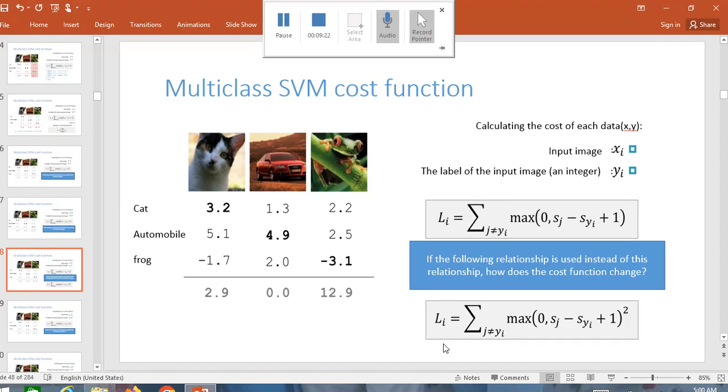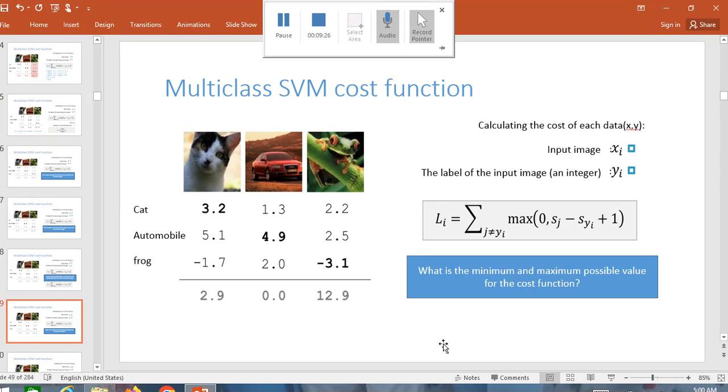Last point: first we choose W's randomly. These numbers are usually very small values close to 0. This is the starting rule of the gradient descent algorithm. Is it possible to determine the starting value of this cost function at this moment? Yes. The scores are the product of W in the input vector, so S_j will be almost 0. So by placing it in the formula, we see that the cost function is almost equal to the number of classes minus 1.